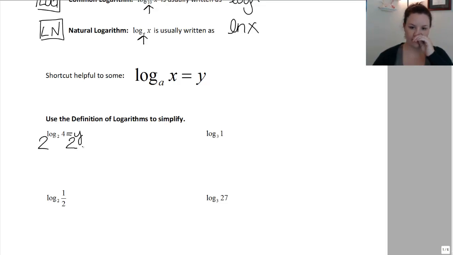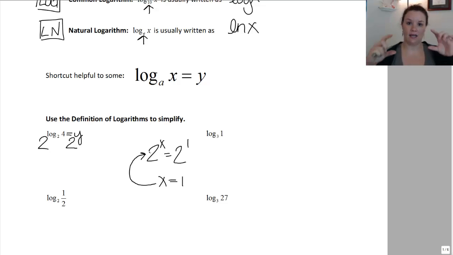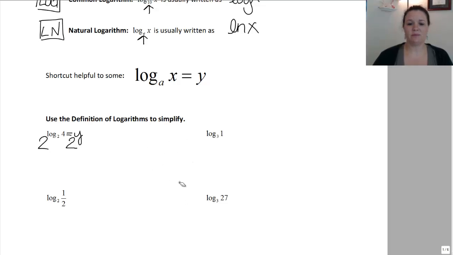Remember we did something like if 2 to the x equals 2 to the 1, then I can cancel the 2's, and that just means x equals 1. We're doing this backwards. We start with an equation, put in an exponential base, and move that equation up into the exponent. This is fine as long as we do it on both sides. I'm specifically using 2 because I know that exponential base 2 and log base 2 are inverses.